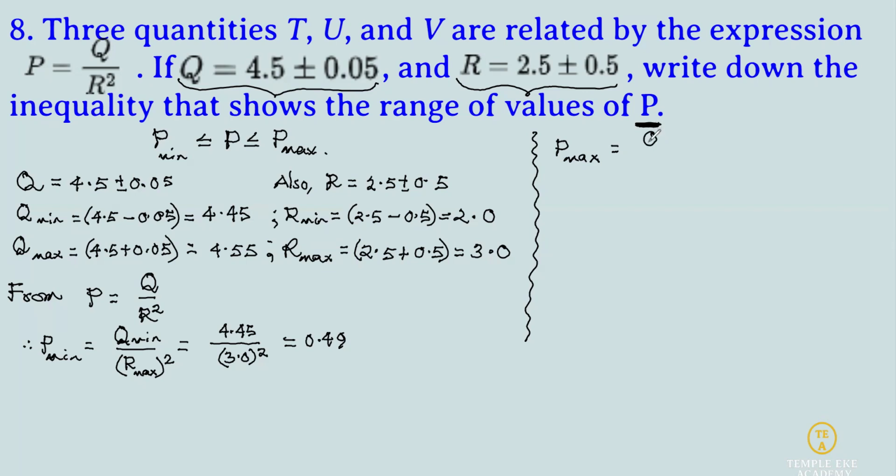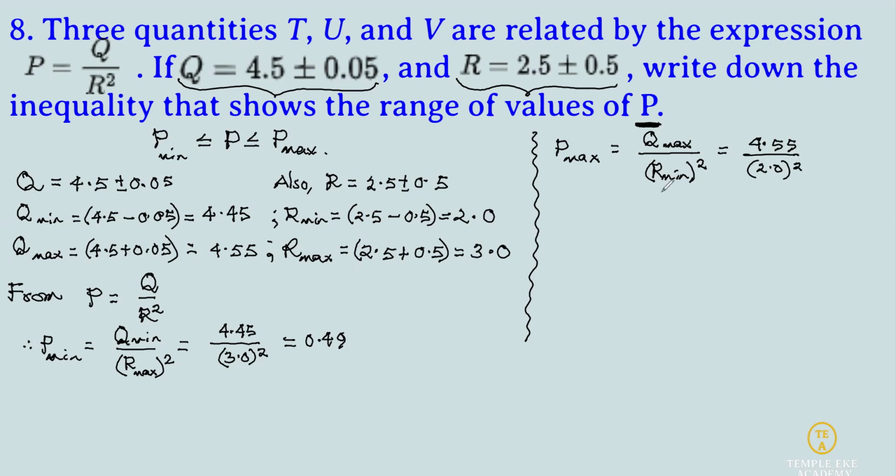So we have Q maximum divided by R at its minimum, R minimum, and remember the square around R. When we substitute values, the maximum value of Q, 4.55, divided by the minimum value of R, which is 2.0, and let us remember it is being squared.